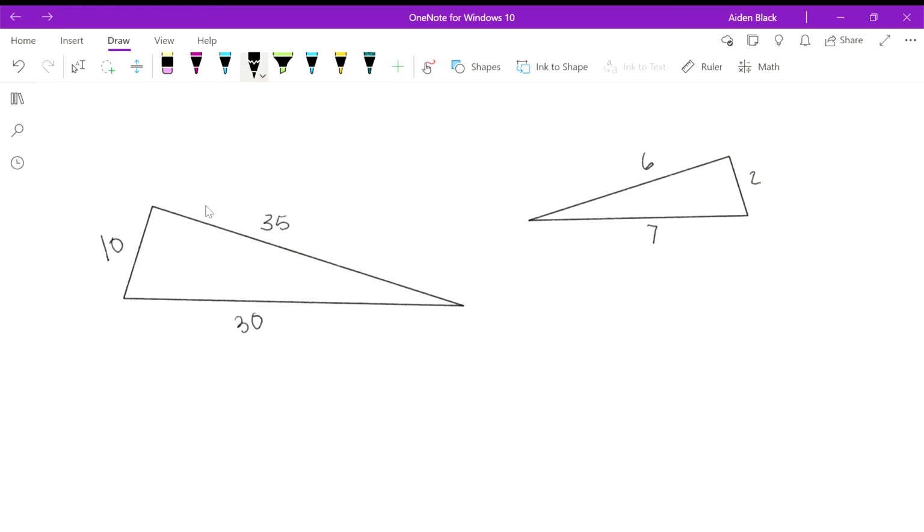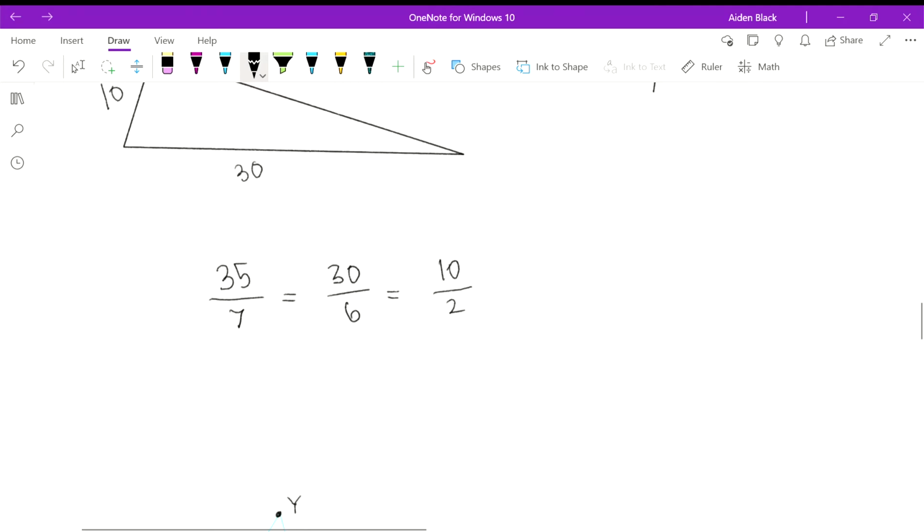And I'll use the larger triangle in the numerator, so I end up with a whole number instead of a number less than 1. So 35 over 7, those would be corresponding. Should be equal to, now our middle one, 6 and 30. So 30 over 6 is equal to 10 over 2.